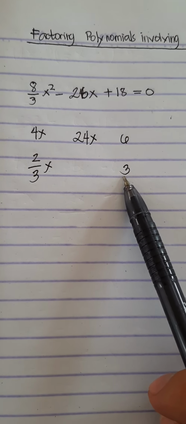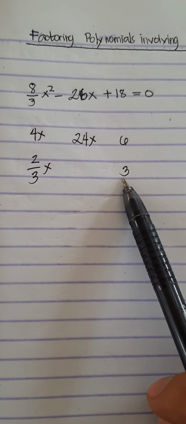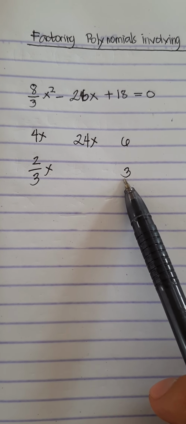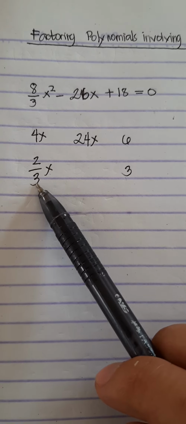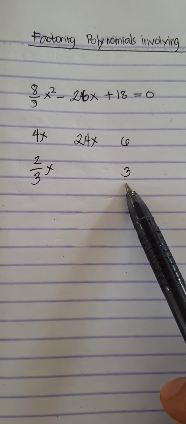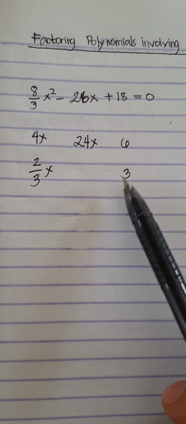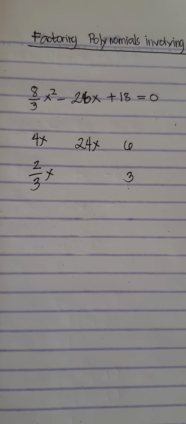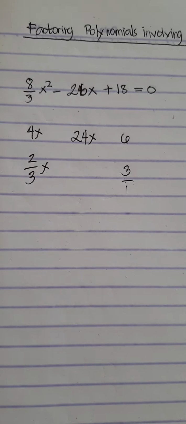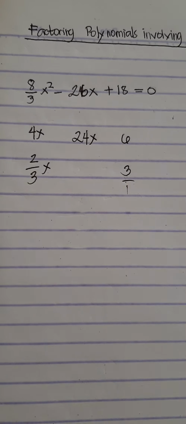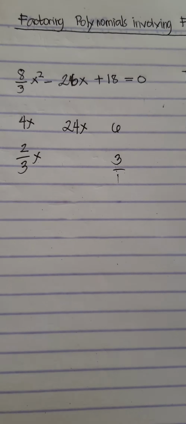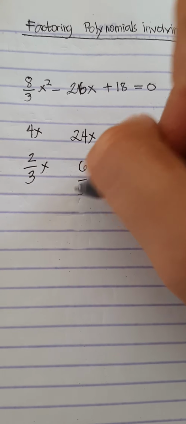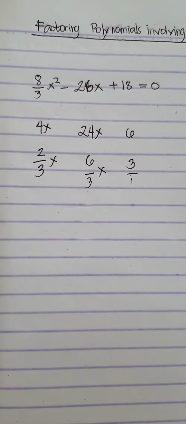Next, we have 2/3 x times 3. Take note, class, in multiplying numbers or fractions, all we need to do is just multiply the numerator to numerator and the denominator to denominator. If you would say, sir, there's no denominator for a whole number, you're wrong, because every whole number has a denominator, that is 1. So we can multiply 2 times 3, we have 6. 3 times 1, 3, and just copy x.